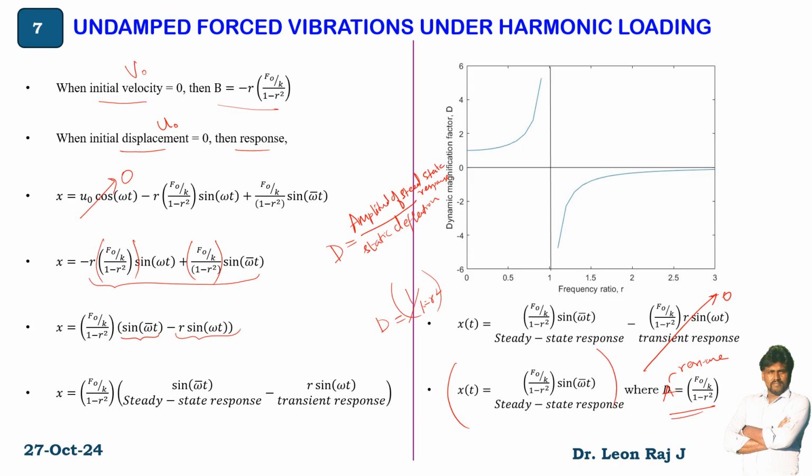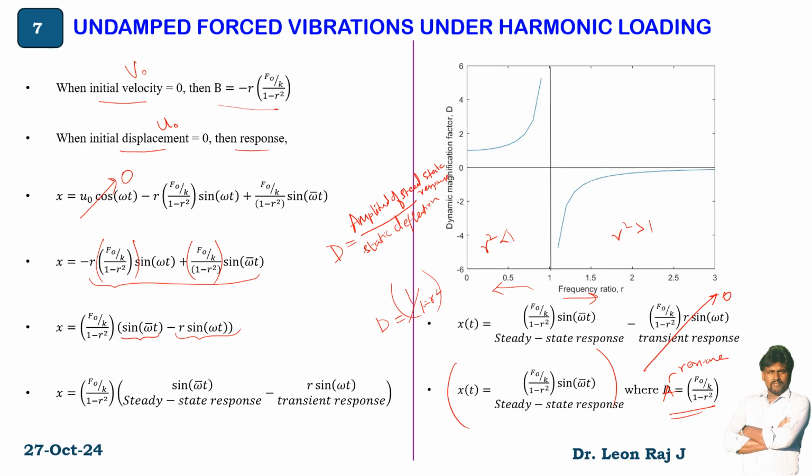So here there are two cases: r square is less than 1 and r square is greater than 1. Your curves look like this.